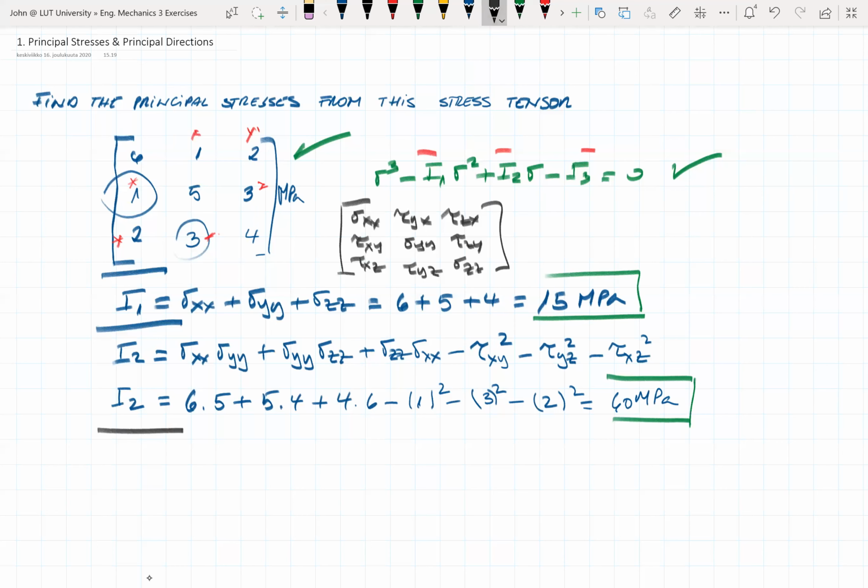Now, the third invariant is a little bit longer than the second one.